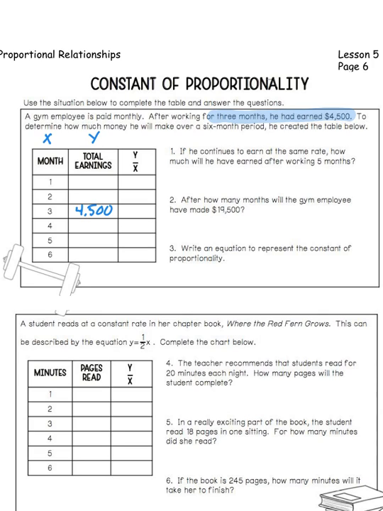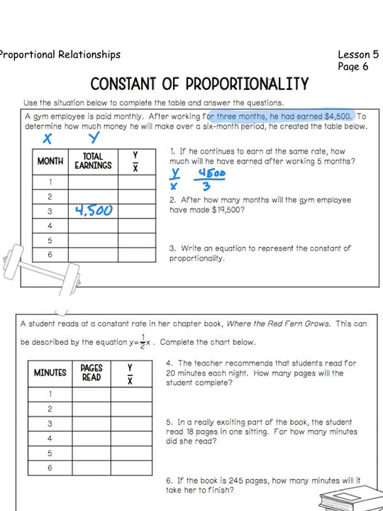So knowing that is going to be useful because now we can find the unit rate. It also mentioned that he's earning at the same rate, and that's also important because now we know it is proportional. So I'm going to write $4,500 over 3 months.